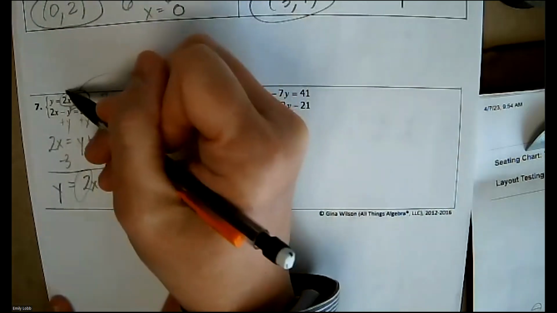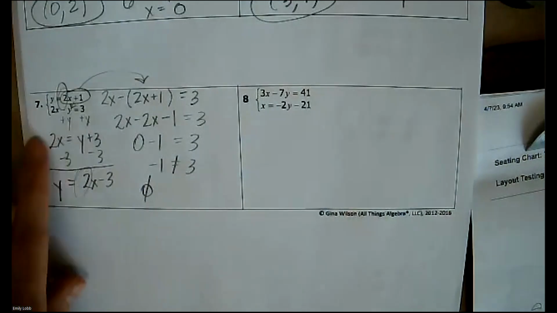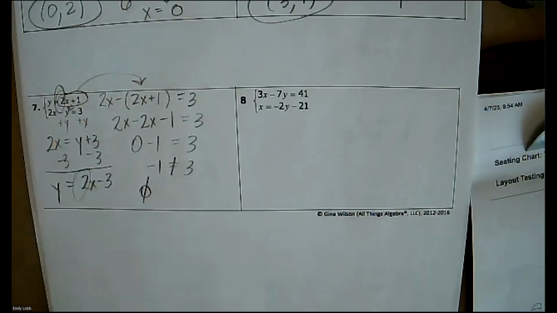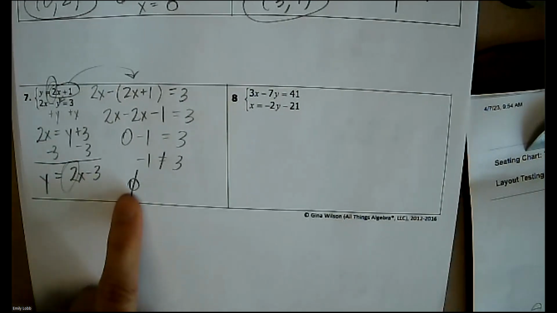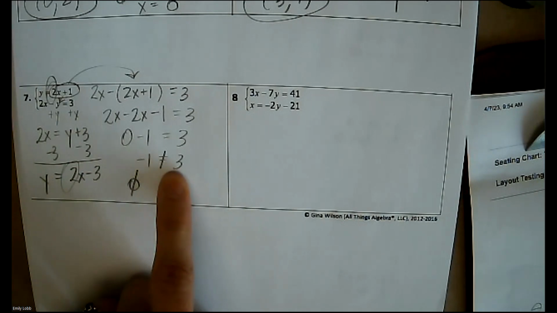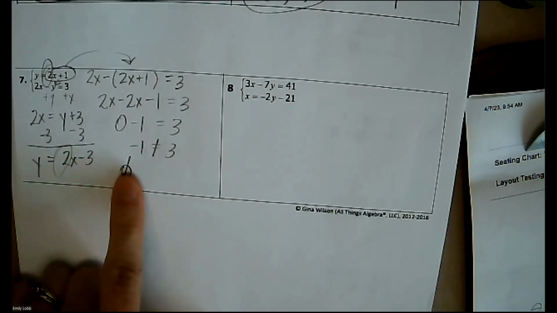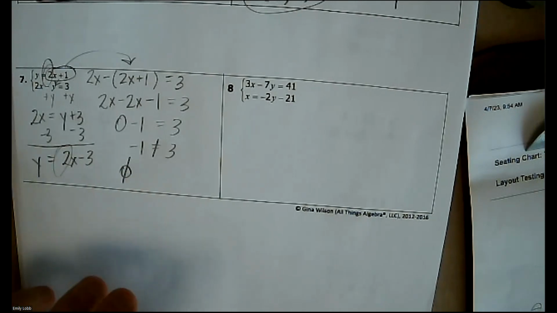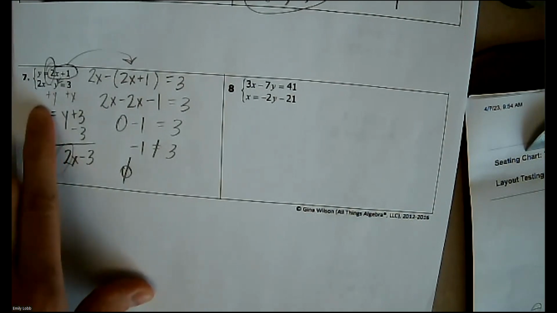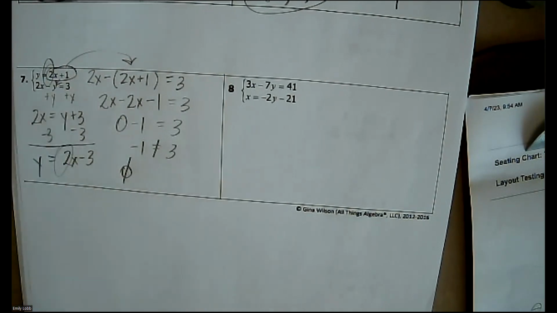Look at my slopes. These two lines are what? Parallel. So we would expect there to be no solution. So if we ever get a statement that is not true, we know those two lines are parallel. There's no solution here. Okay, that's how we would solve that algebraically rather than graphically, right? Especially if they're not quite in slope-intercept form.